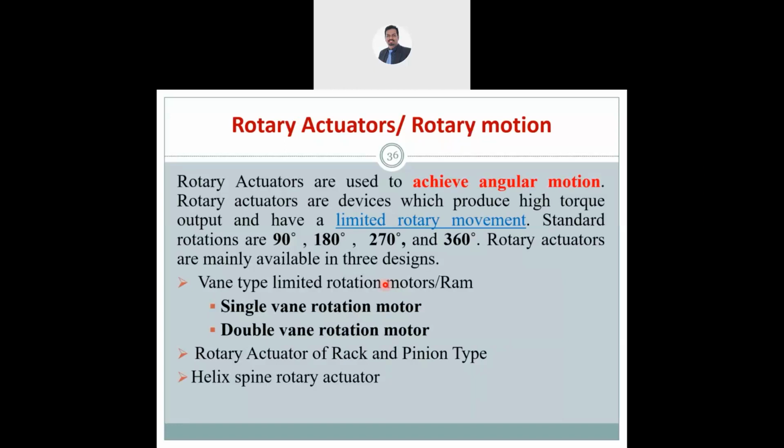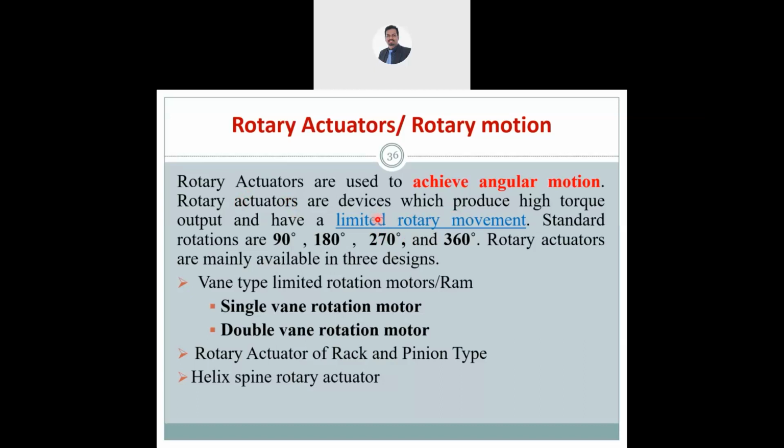Okay, so then we move to rotary actuators or motors, whichever has a rotary motion. So here, rotary actuators are used to achieve angular motion. The angular motion meaning rotation. Okay, so you have some with limited rotation.